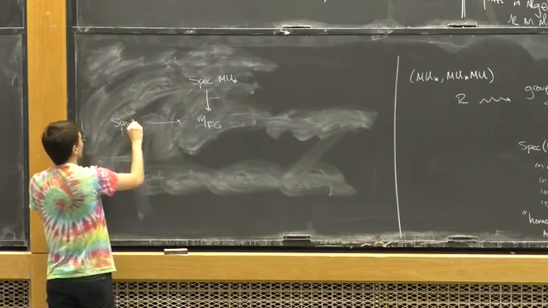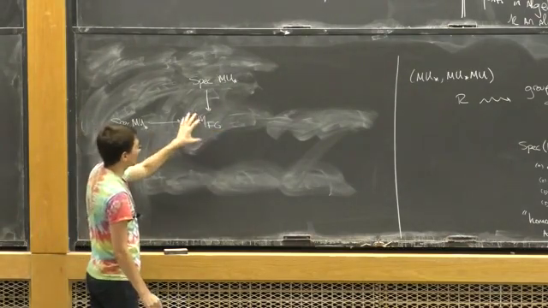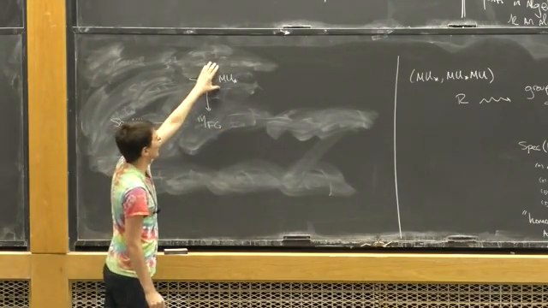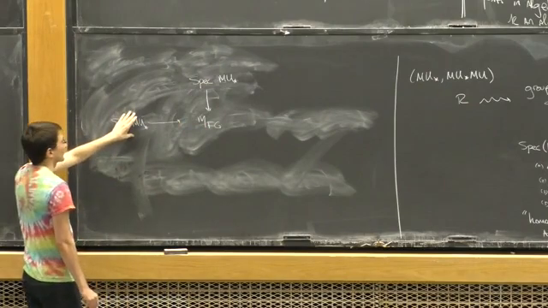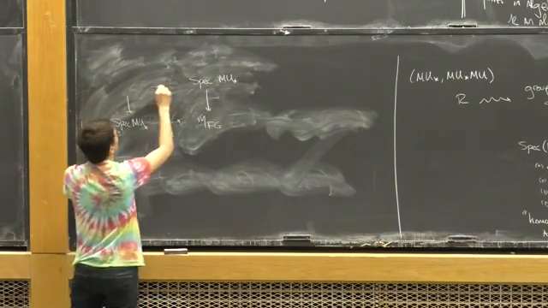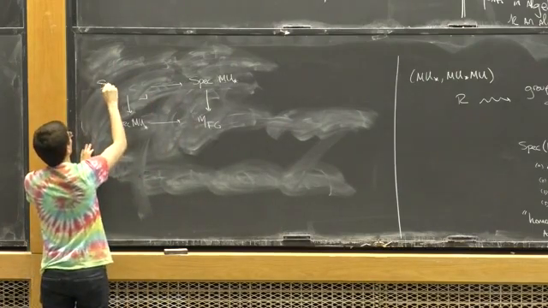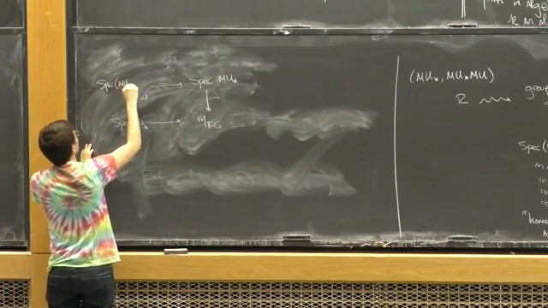And what we can do is we can try to specify a bundle on MFG by specifying a bundle here and a bundle here, and then gluing data. So it turns out that this pullback is going to be spec of mu star mu.